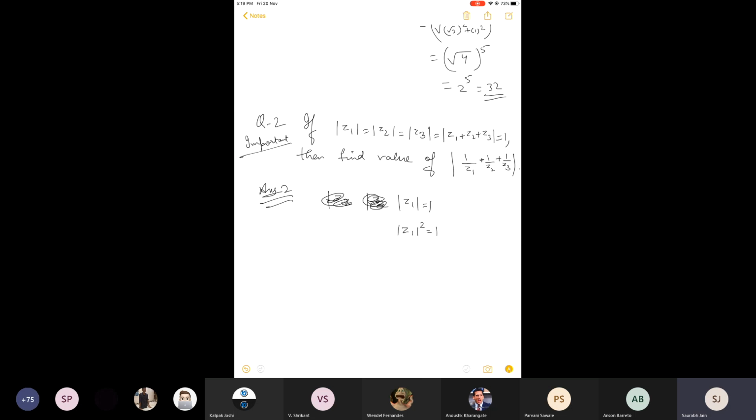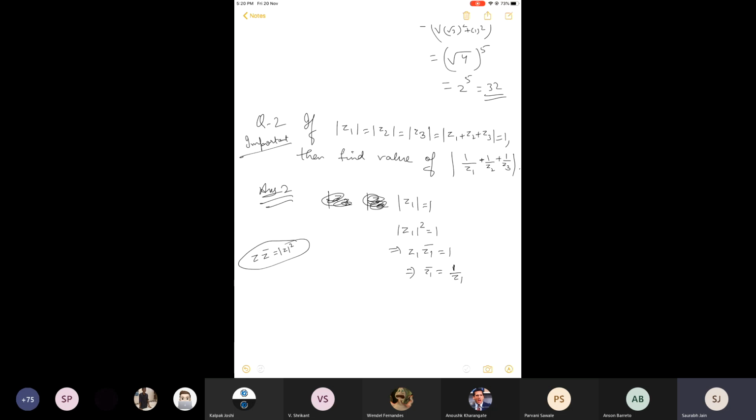As I was discussing when I was telling you the proofs of the properties, the fifth property is very important. So the square of this mod can be rewritten as Z1 into Z1 bar. The property used is the fifth one: z z bar is mod z square. If I shift Z1 to the right hand side, I can write Z1 bar as 1 by Z1.